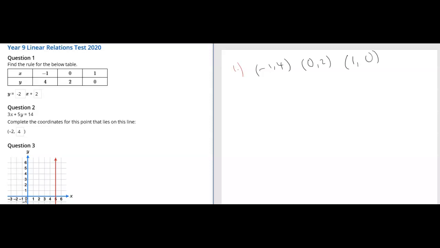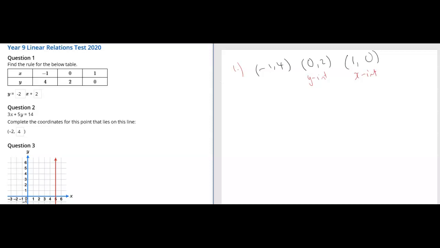From these three coordinates, this is your y-intercept, because remember when x is 0, you've got your y-intercept, and when y equals 0, this is your x-intercept. So from these 3 points, we already know our x-intercept and our y-intercept. That's given us the constant value in our rule. Our y-intercept is our constant value, which is 2.